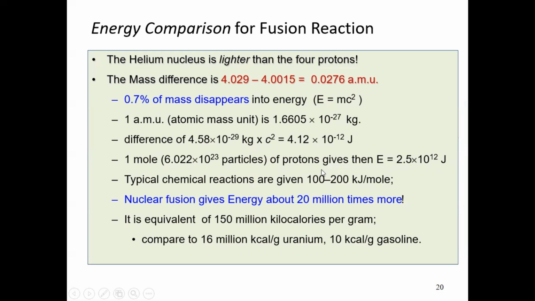A typical chemical reaction gives 100 to 200 kilojoules, and nuclear fusion will give about 20 million times more energy per mole. It is equivalent to 150 million kilocalories per gram, compared to 16 million kilocalories per gram of uranium and 10 kilocalories per gram of gasoline.